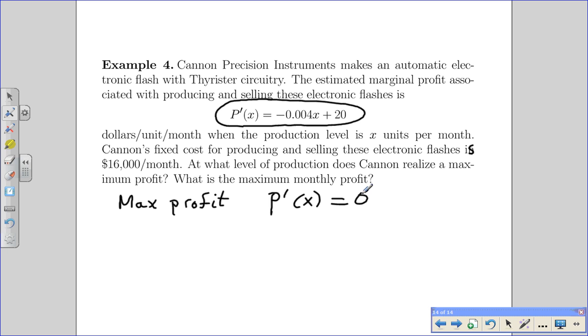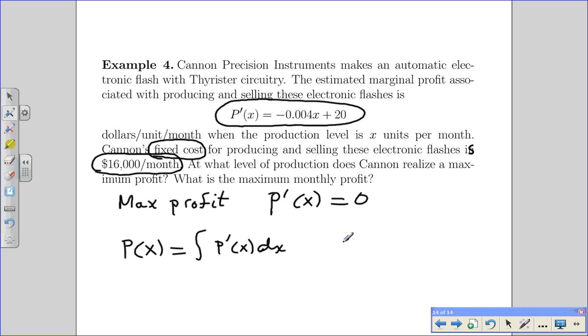The other thing is that the profit is going to be given by the integral of the marginal profit function, the integral of P prime of x, and we have an initial condition. It says that the fixed cost is $16,000 per month. And so that means if you produce no flashes, your cost is $16,000.